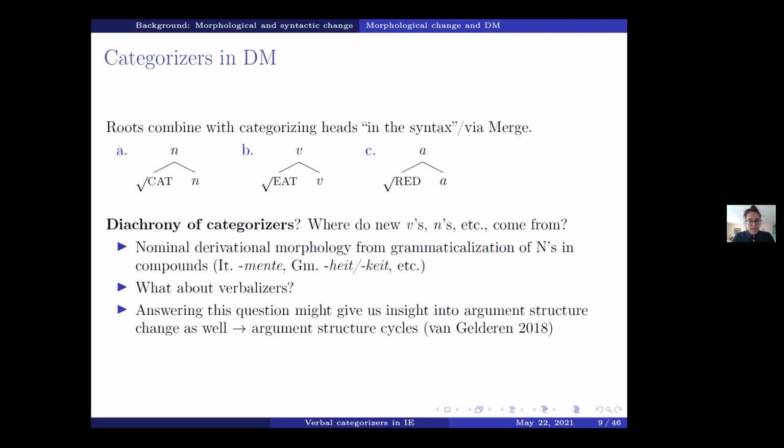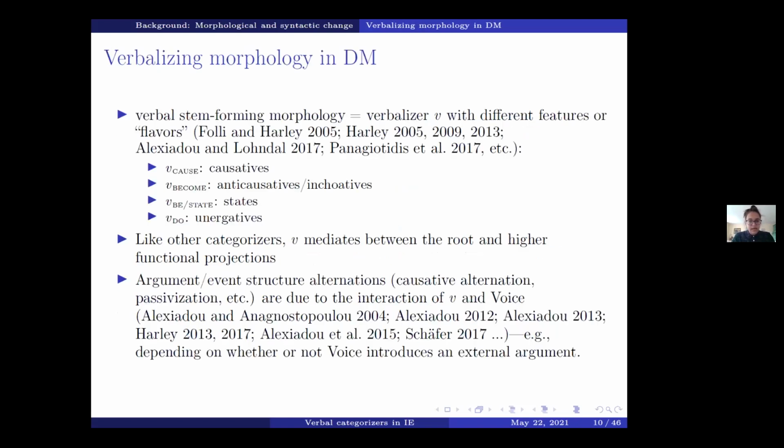In DM, verbal stem forming morphology is usually identified with the verbalizer little v, which can have different features or flavors. Some of these are listed here, and we may be able to conflate some of these. So little v cause and little v become may turn out to be the same thing. There's something usually that gives you a state. And there's little v do that you find in unergatives. And like other categorizers, these are thought to mediate between the root and higher functional projections.